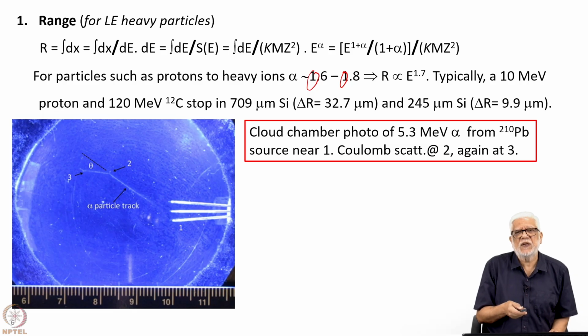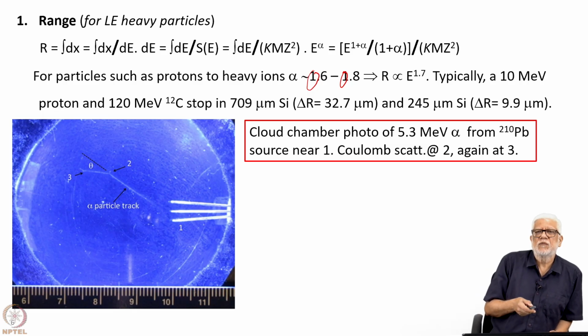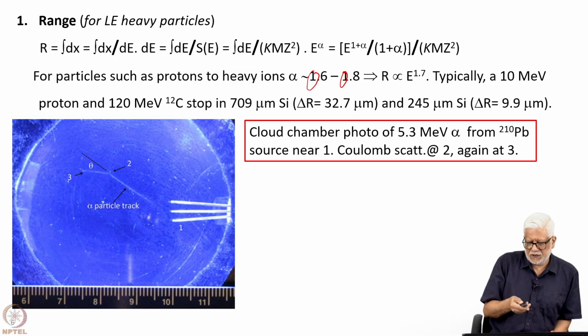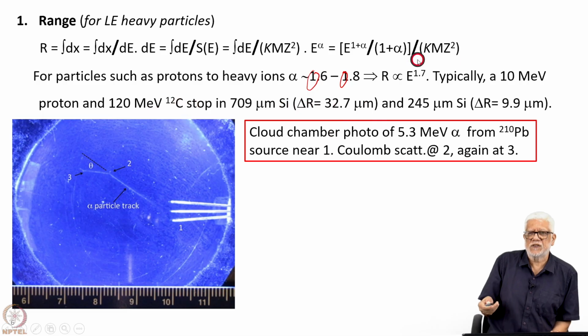Whereas a 120 MeV carbon-12, you can see it's 12 times more energetic, but because its M and Z are both large, it stops in a smaller distance, 245 microns of silicon. And as you can also see, the spread in the range is somewhat smaller than the spread in the range for the proton. Proton is lighter than carbon. This is one of the reasons why this spread is somewhat smaller.